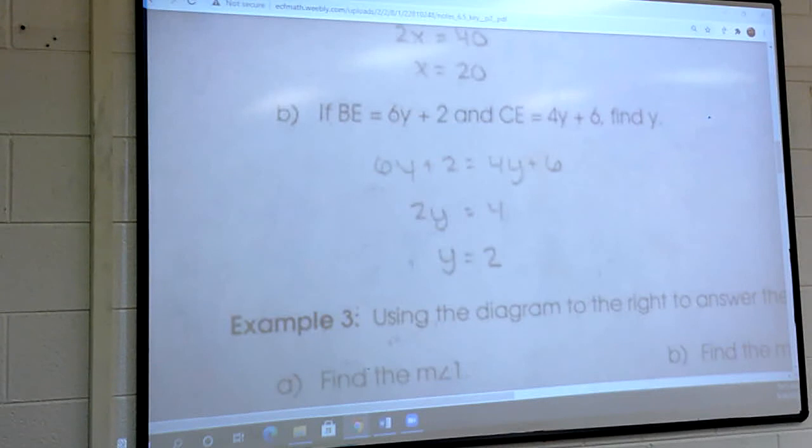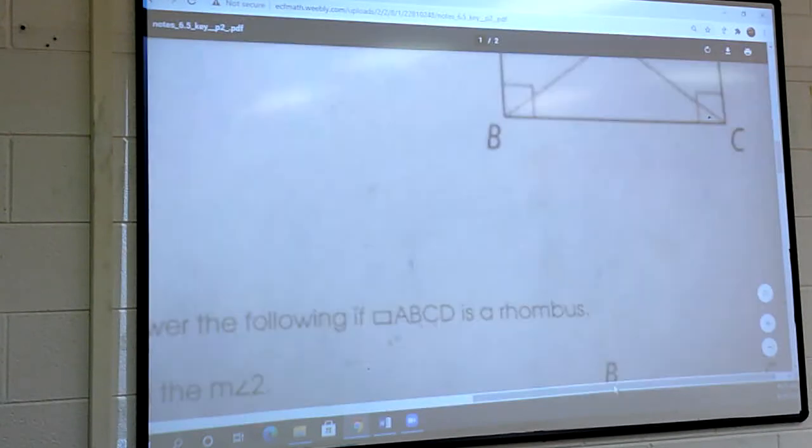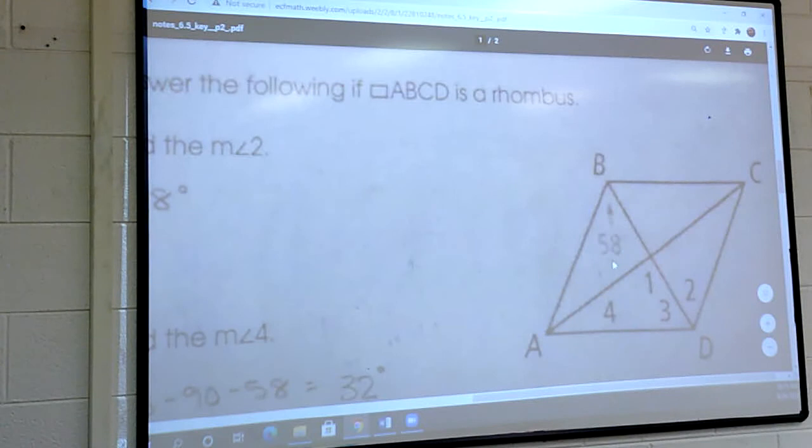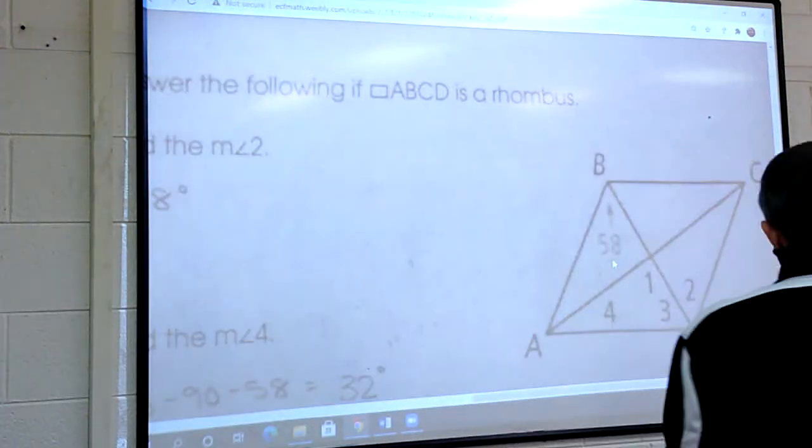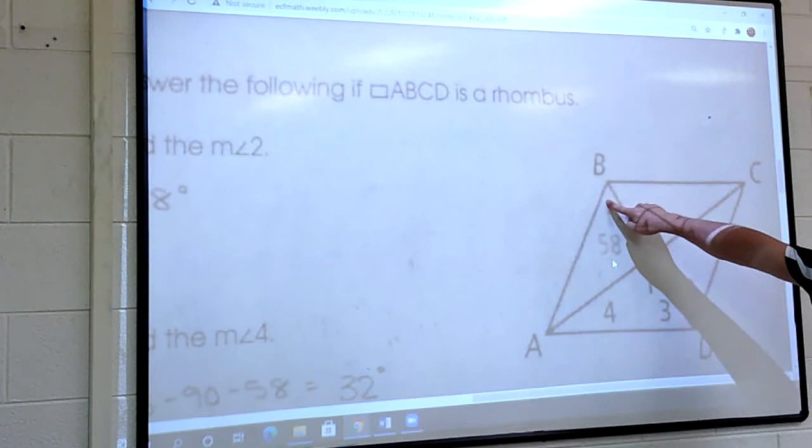Example 3, it looks a little weird. We're going to try to find the measure of all these different angles: 1, 2, 3, and 4. So let me go over to the triangle to show you. First of all, we know that this one here is 58 degrees right here.